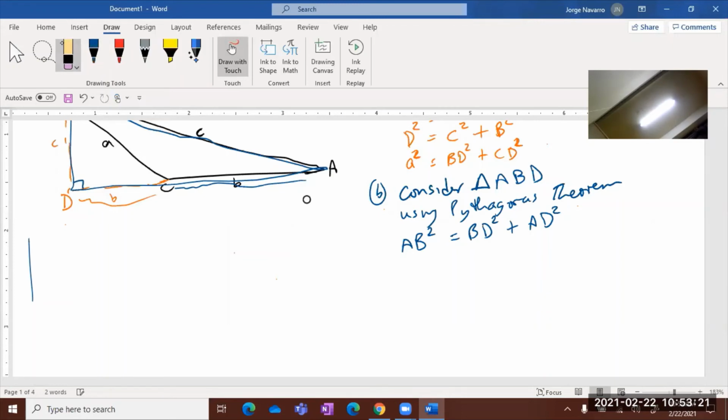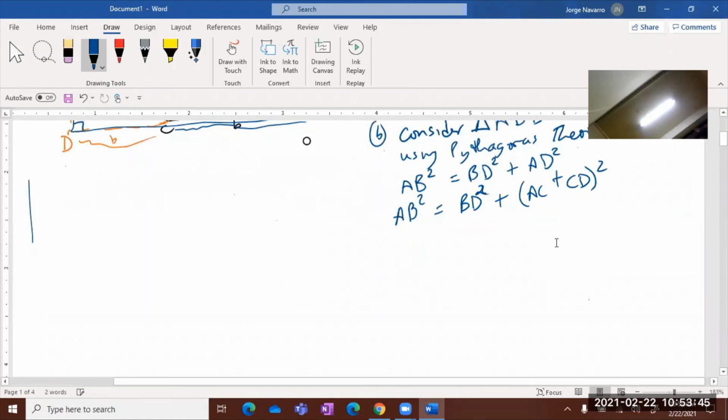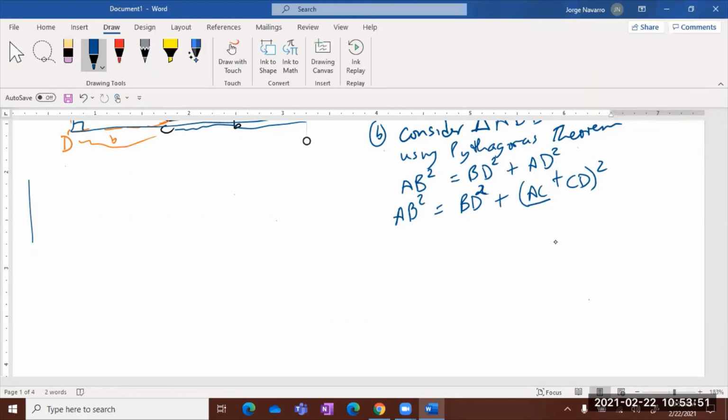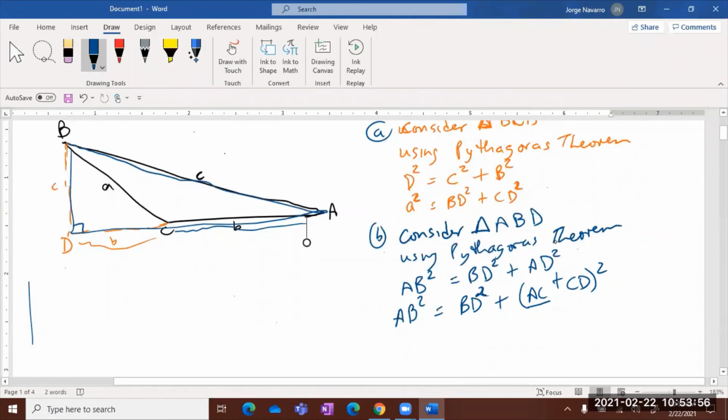So AB squared is equal to BD squared plus (AC plus CD) squared, AC being the real part and CD being the imaginary part. Everybody with me so far? Guys? Yes, sir. All right.